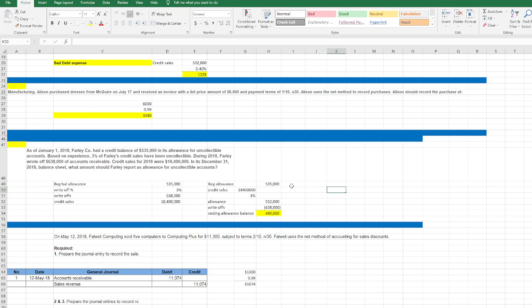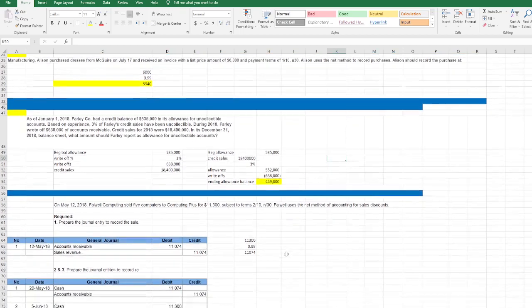But we also had these write-offs, $638,000. So if we take the beginning balance plus what should be in there plus what we ended up writing off for the year, we need to fund the allowance with another $449,000. Okay, all right, and let's move on.